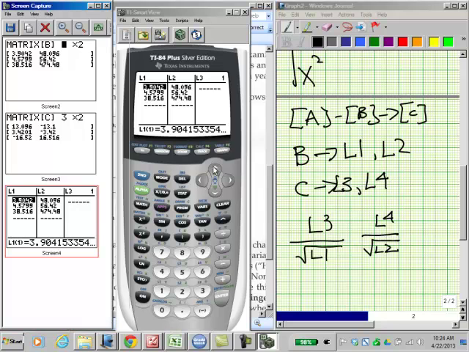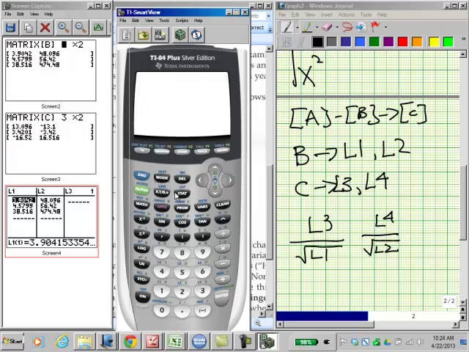Alright, now I'm going to get out of here and do matrix C and L3 and L4. So second and stat into the list menu, over to ops, matrix to list. Enter, and I'm going to do matrix C, second inverse 3, comma, L3, comma, L4.